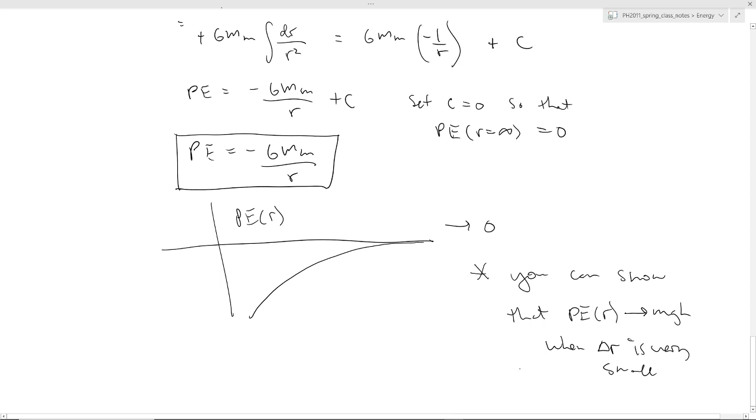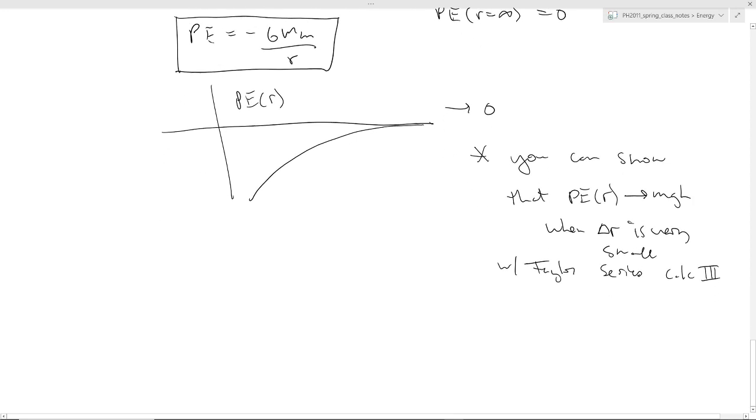I may post something additional about that, but we don't have time to talk about it in class. You can show it with a Taylor series, which is kind of a cool application of Calc 3 ideas. But that's an aside that we don't have enough time to talk about.